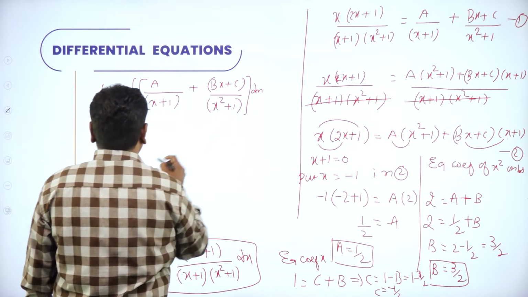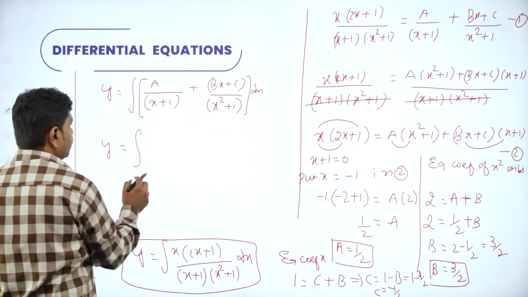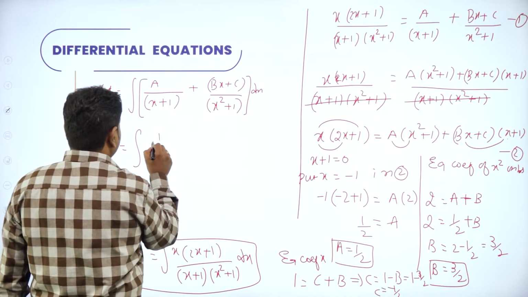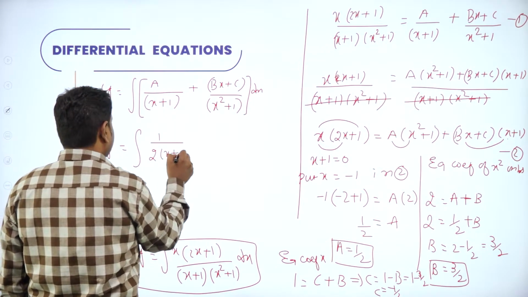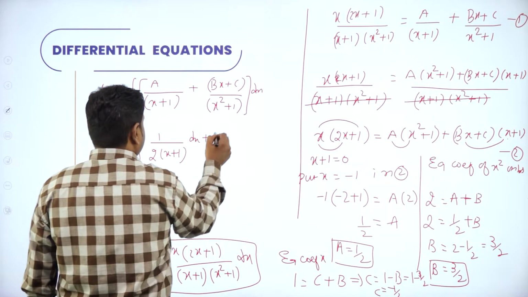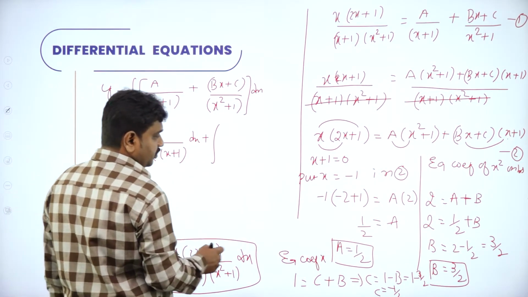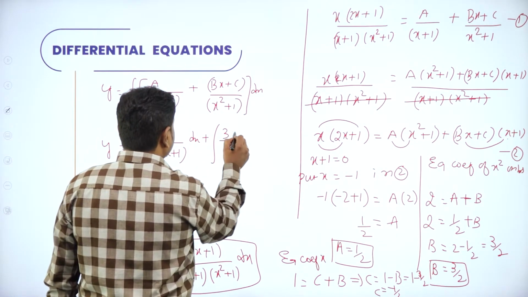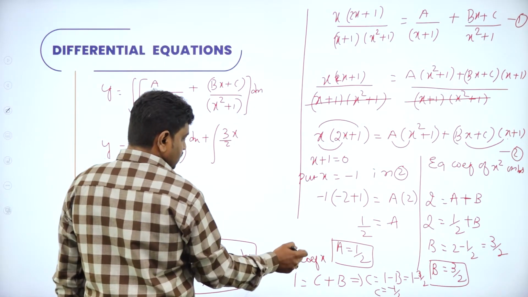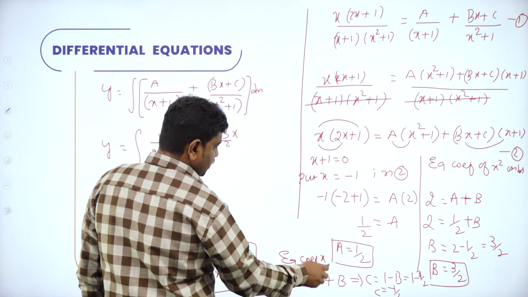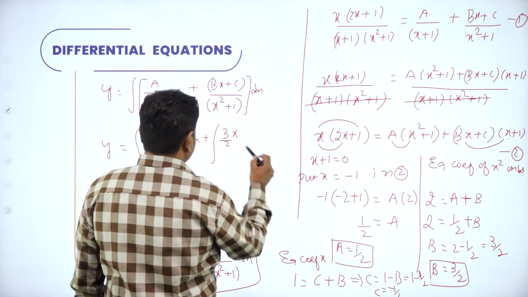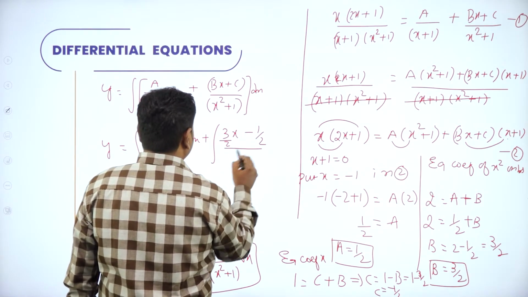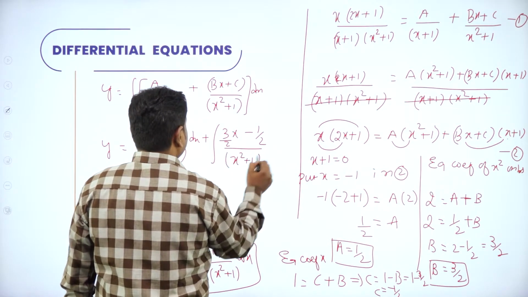This was the problem. Now you got a, b, c values. Integration of, what is a? You got half, 1 by 2 times x plus 1 dx plus integration of bx. What is bx? B is 3 by 2, 3 by 2x plus c. What is c? C is minus 1 by 2, divided by x square plus 1 dx.